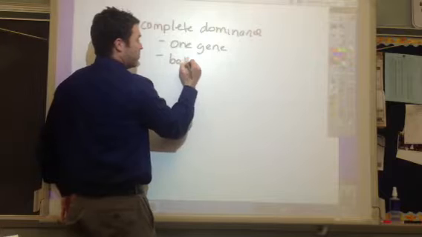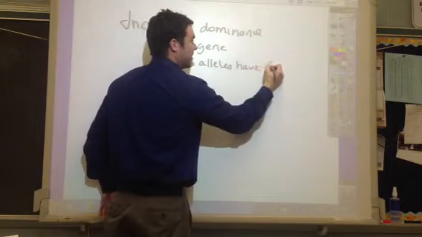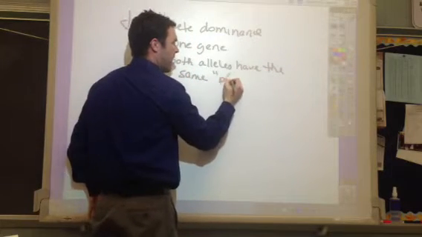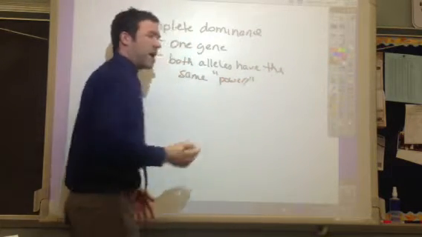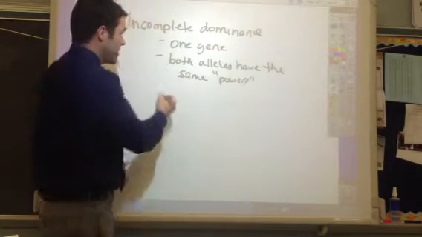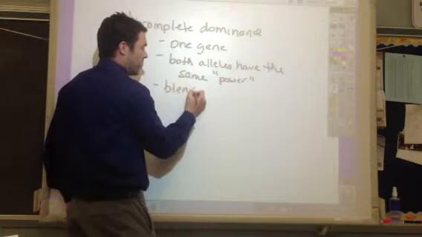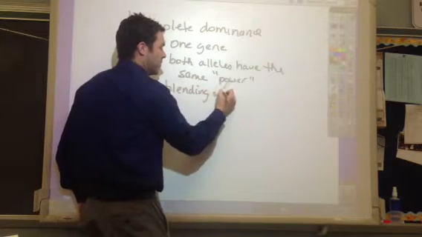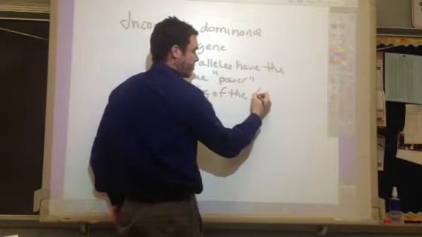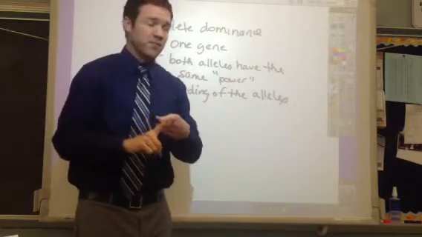So both alleles technically have the same power, if you will. Understand this power. It's not that one can dominate or mask the presence of another. Instead, when they are both present at the same time, there is a blending of the alleles, and therefore the blending of the phenotypes.